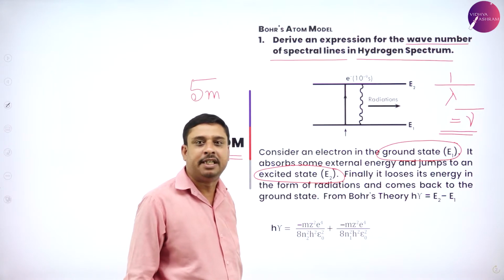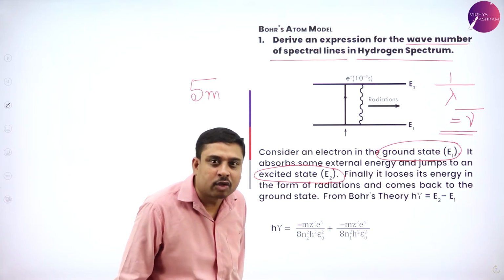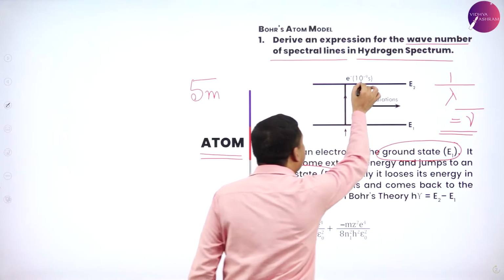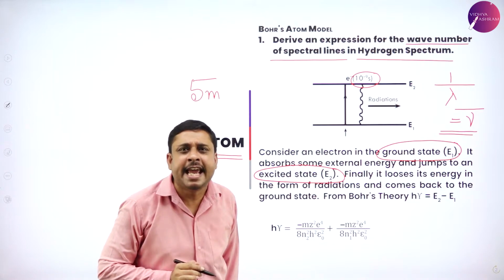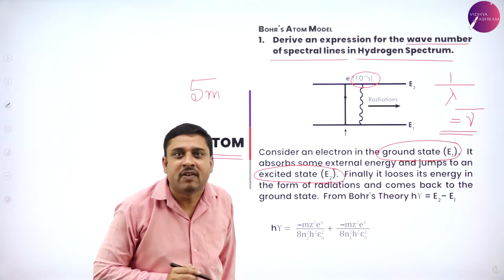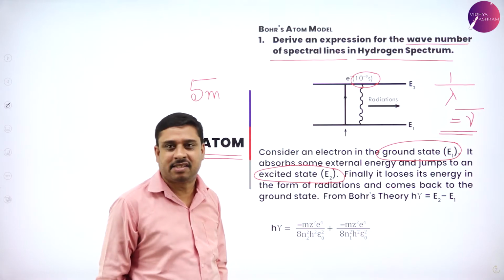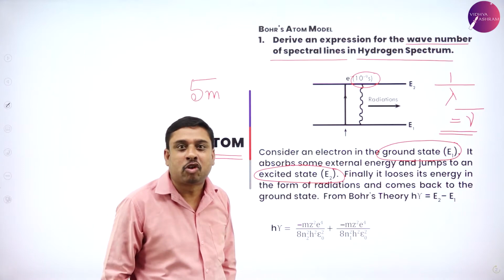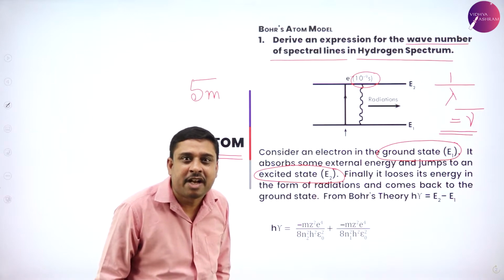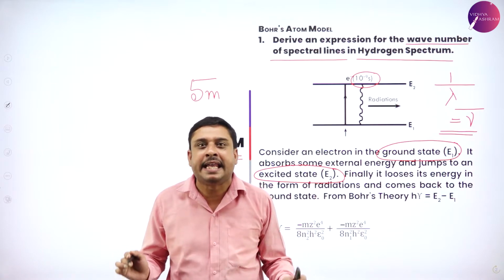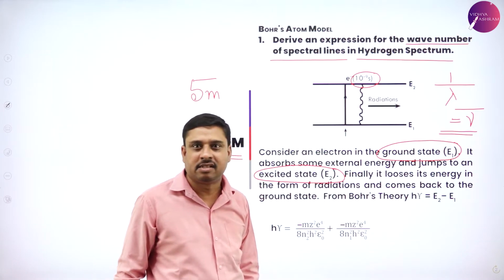Please remember, an atom or an electron remains in the excited state for a very small interval of time. How long? Nanoseconds. The electron remains in the excited state for a very, very small interval of time, nanoseconds.